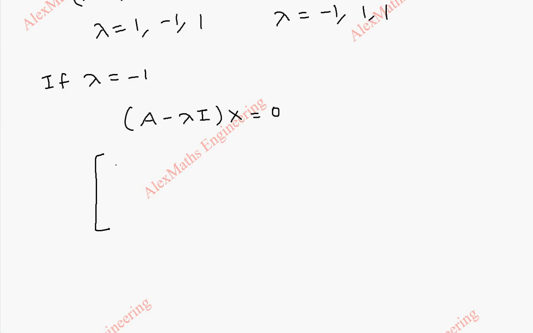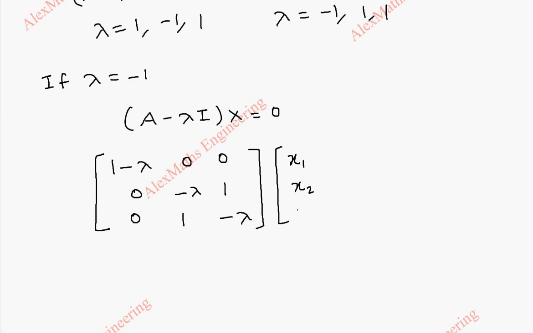Now we are going to take it in the matrix form: 1 minus lambda, 0, 0, 0, minus lambda, 1, 0, 1, minus lambda, and this whole value into x, which is x1, x2, x3, is equal to 0.